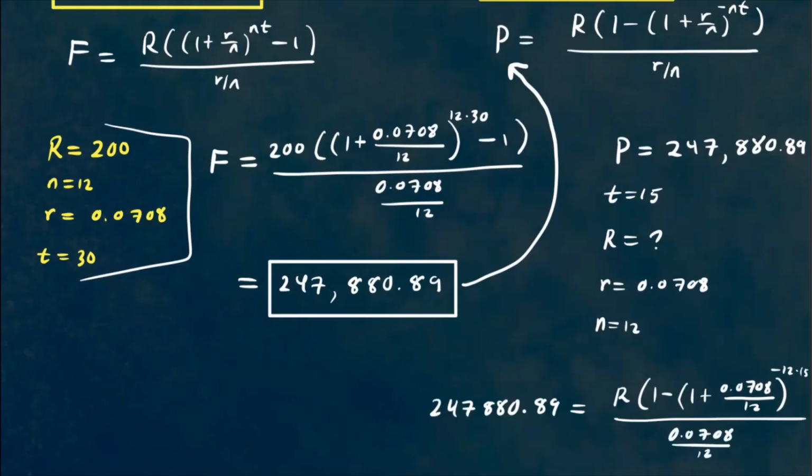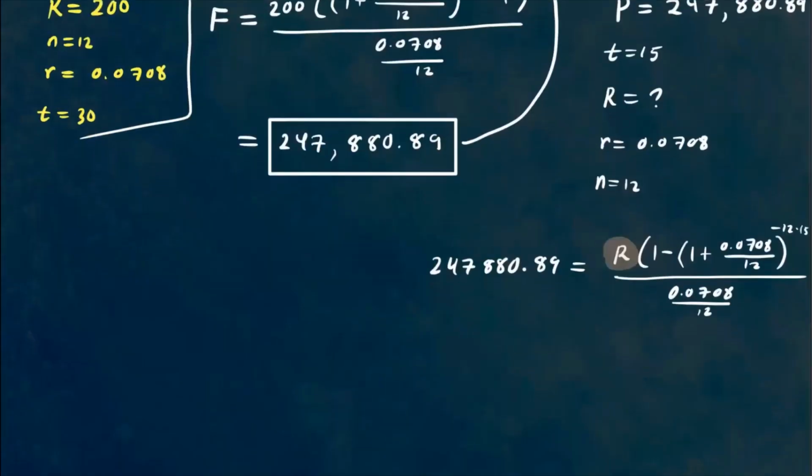Now our goal is to isolate R. So we're going to multiply both sides by this number, and then divide by this number right here. Again, you can simplify them by plugging them in your calculator.